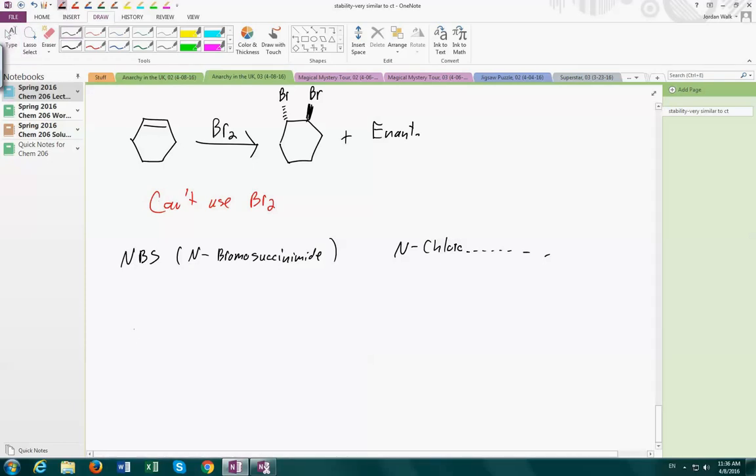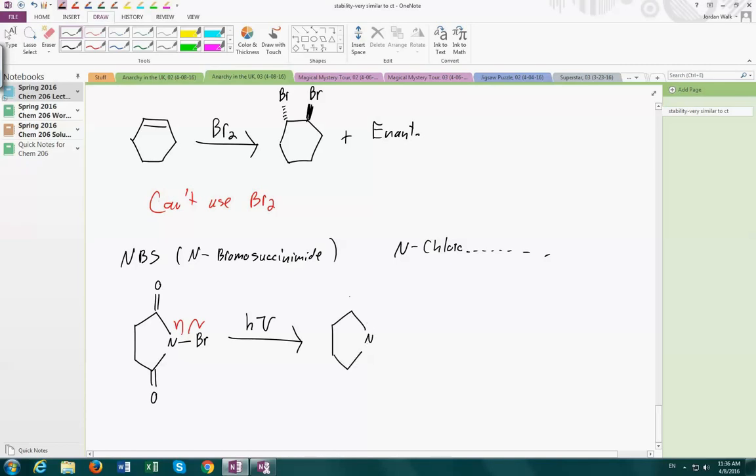What NBS looks like, it's going to be a 5-membered ring with nitrogen, and we've got a couple of carbonyls, a carbonyl there. It's N-bromo, so what do you think substituent's sitting on that nitrogen? Yeah, it's going to be a bromine. In effect, by taking NBS, or N-bromosuccinimide, and hitting that with some light, we're able to undergo homolytic cleavage of our N-Br bond.